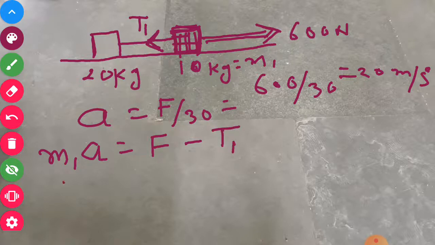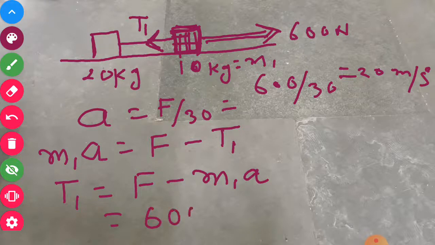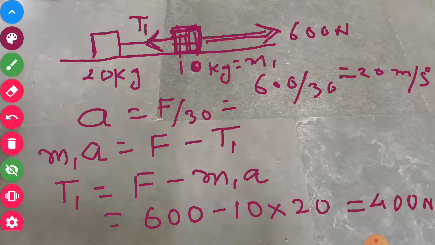So T1 will be F minus m1a, that is 600 minus 10 multiplied by the acceleration 20. So 200 is subtracted from 600 and it will give you 400 Newton tension in the string.